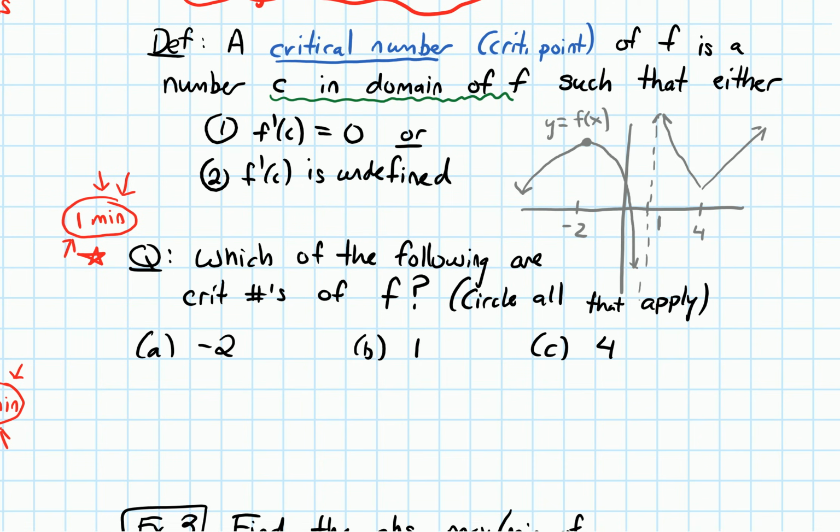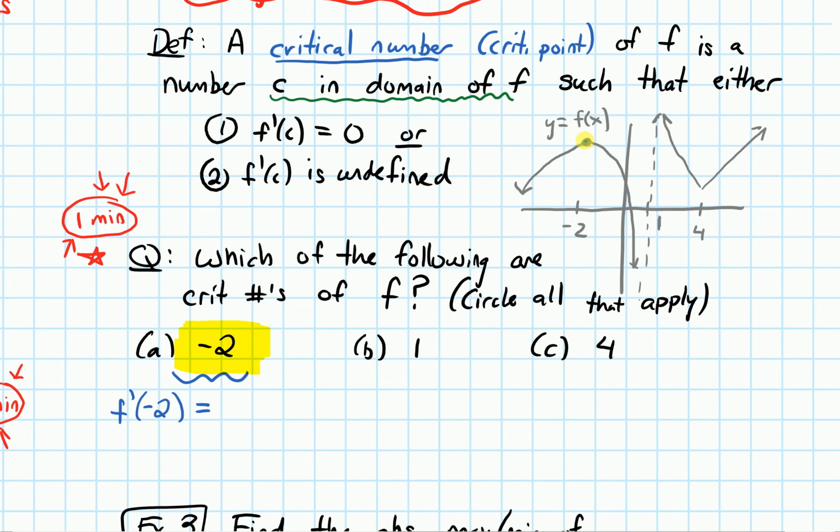So part A, -2, that is a critical number. So I'm going to highlight this. This one works. The reason why is, if I were to take the derivative and plug -2 in, that means what's the slope of the tangent line when x is -2? The slope of the tangent line when x is -2 is 0. I can see that based on my graph.